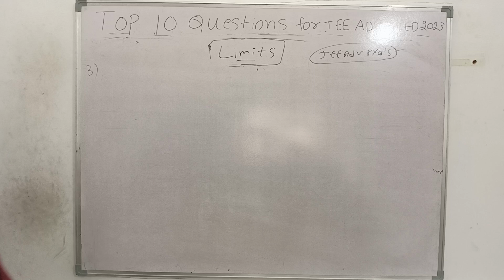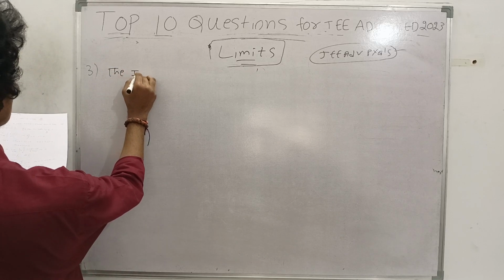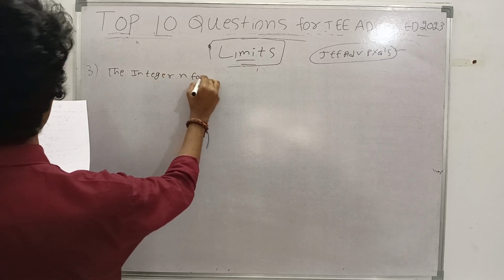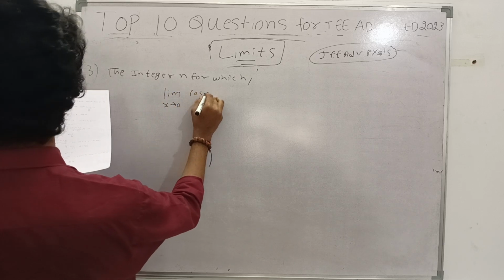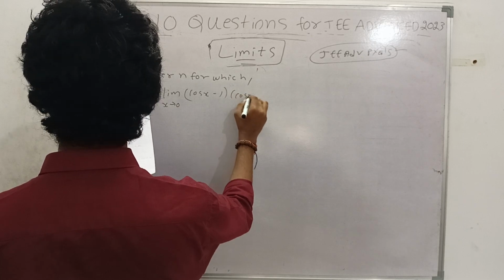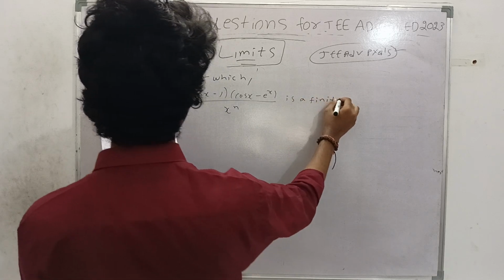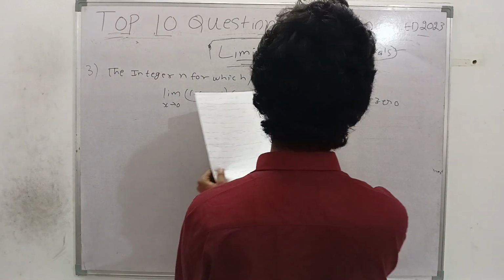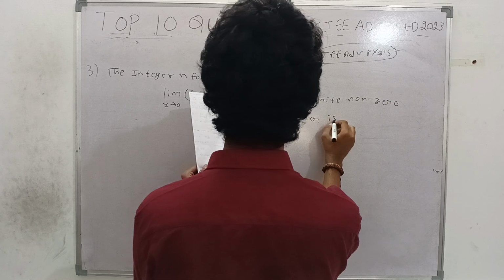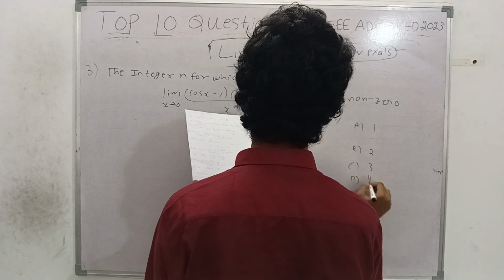Now third question. The integer n for which limit x tending to 0 of (cos x minus 1) into (cos x minus e power x) divided by x power n is a finite non-zero number is: option A, option B, option C, option D. 1, 2, 3, 4.